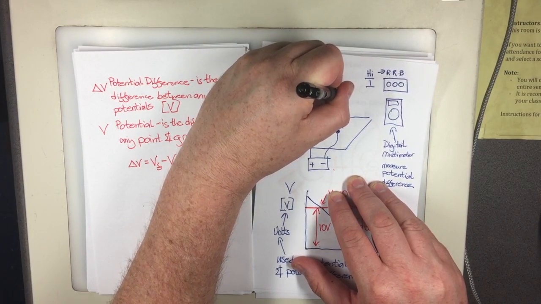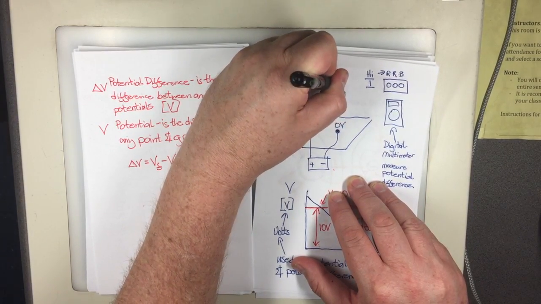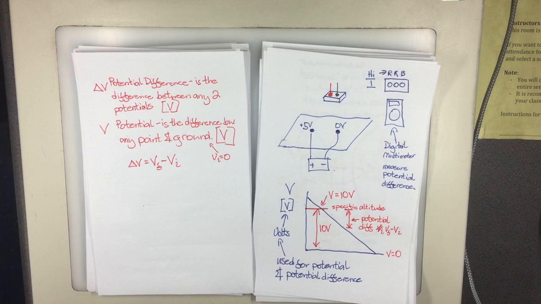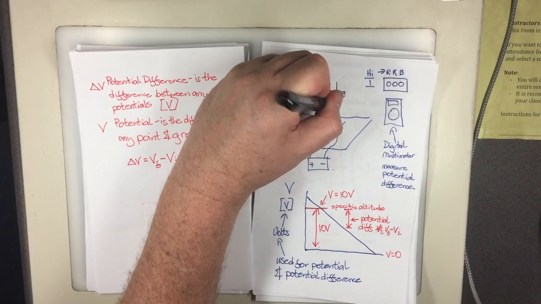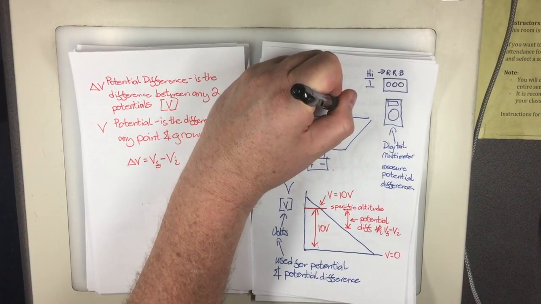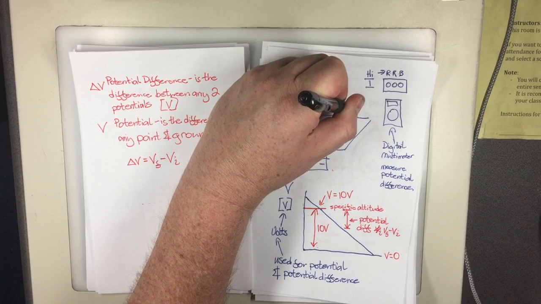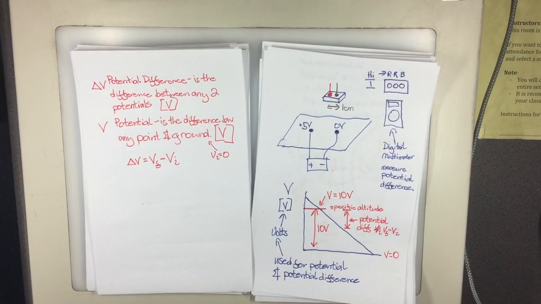You put the black probe in one of the holes, it doesn't matter which one, and you put the red one in the other. Now, the interesting thing that they've set up in these probes is that the distance between the 2 ends is 1 centimeter. So you know for a fact what the difference is in position between those 2 points.